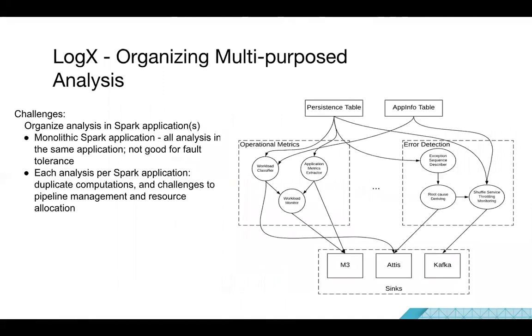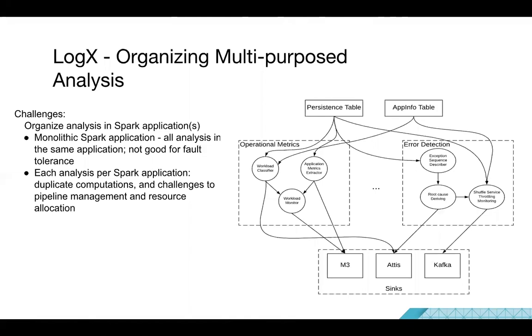One approach is we put every analysis in a single application. You can imagine that if you have a single application doing everything, it's very hard to do good fault tolerance. Any bug in one of the analyses will prevent the other analyses from delivering results. And the other extreme end is we have a Spark application for every analysis.